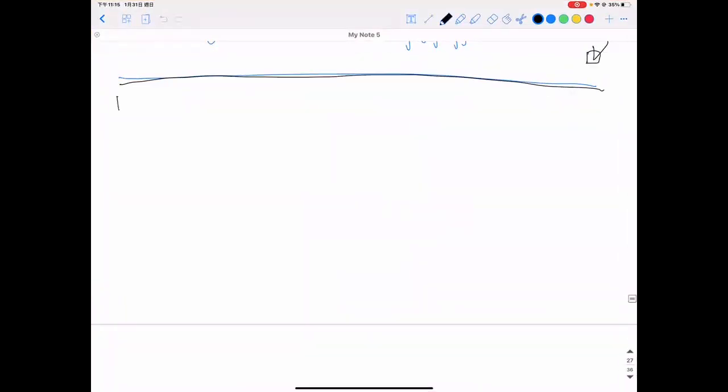Okay, let's recall what we talked about last time, namely the Gram-Schmidt process. So the setup is W is a subspace of Rn.